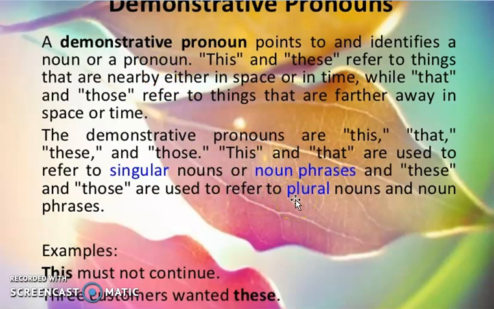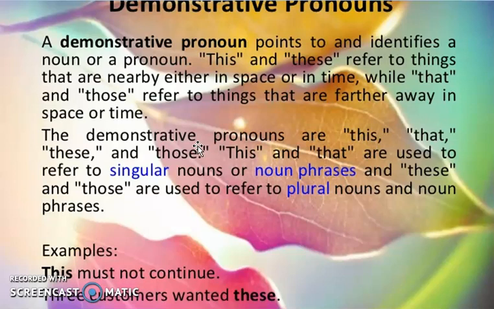For example, this and these refer to the things that are nearby, either in space or in time, while that and those refer to the things that are farther away in space or time.